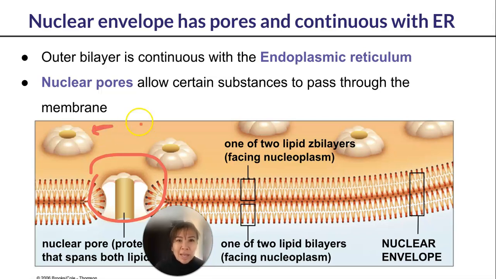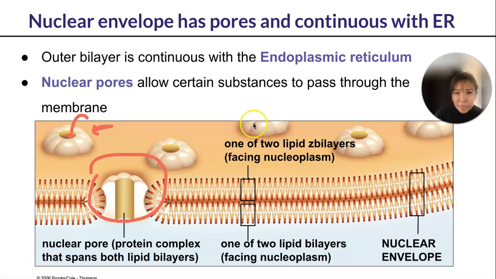These pores allow certain substances to go in. Here you can see that it is an actual channel. This nuclear pore spans across the whole lipid bilayer, so across this whole lipid bilayer, you have these channels that allow certain things to go in and out. So, for example, you take a section of the DNA that you're interested in transcribing, that contains information to make a certain protein.